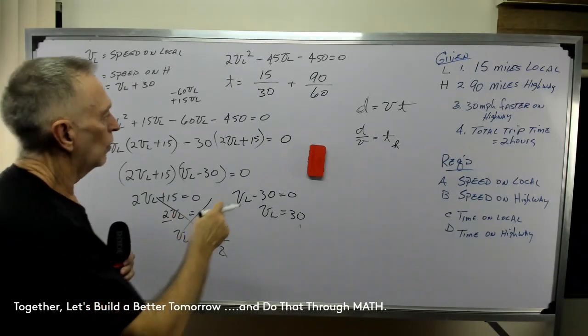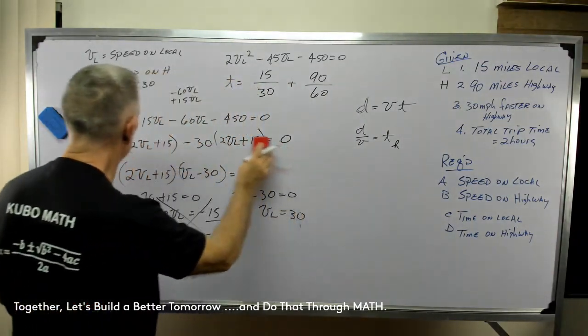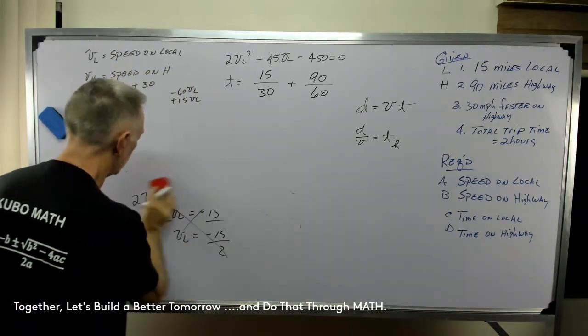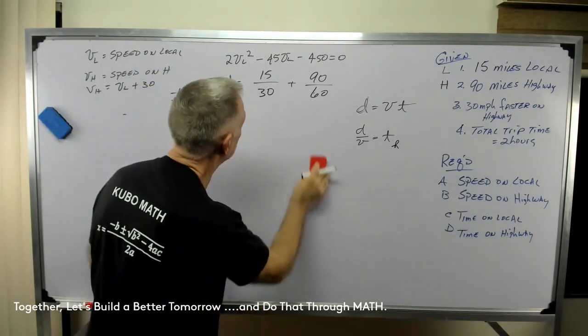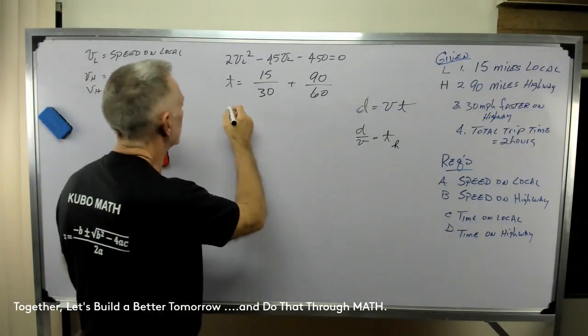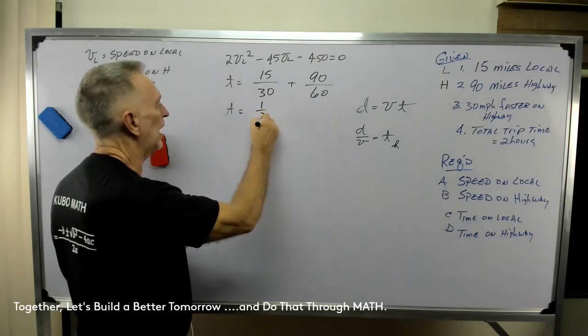Okay, so now I'm getting there. Also, what else can we say? Let's just go through what they were asking. Let me get all this out of the way. First, since we already have the time equation up here, t equals 15 divided by 30, well that's 1/2.